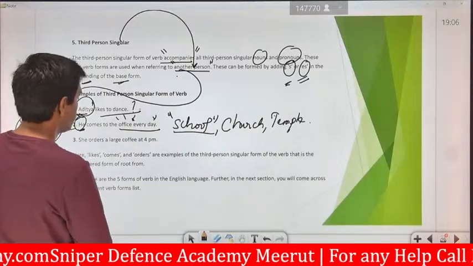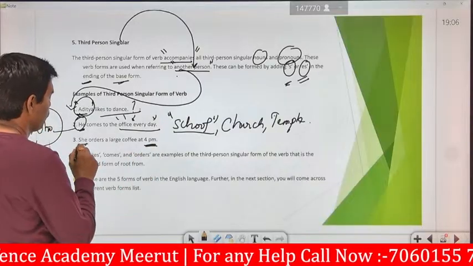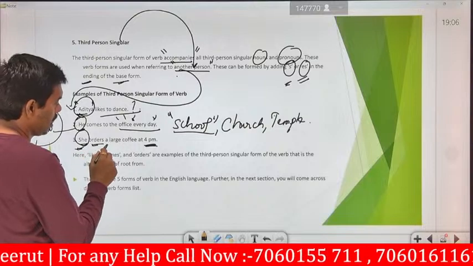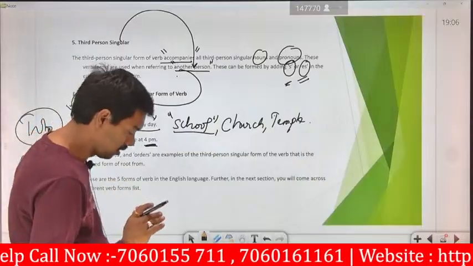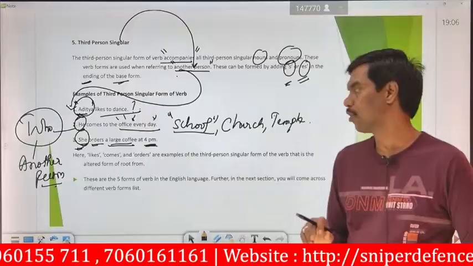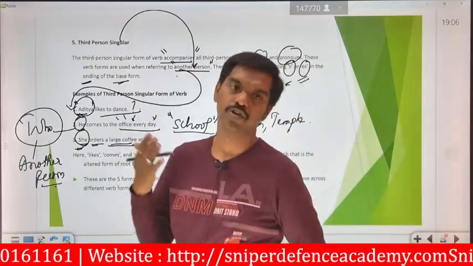Next, she orders a large coffee at 4 p.m. She is a person who orders a large coffee at 4 p.m. The person is there. It's a girl. She's ordering a coffee at 4 p.m. in large quantity, not small quantity.